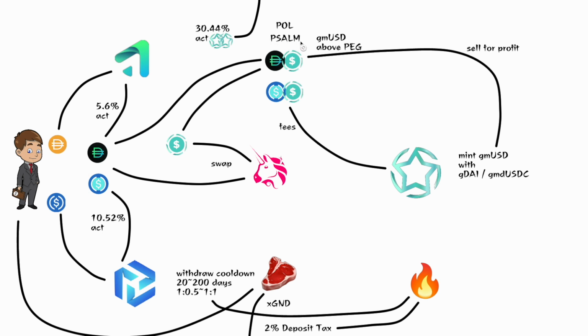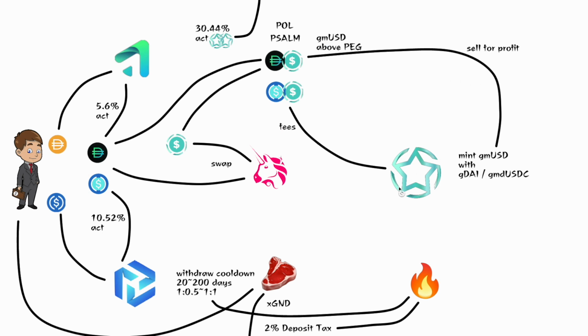Now, they have this thing called the PSALM. I can't quite remember what it is, but something about peg maintenance, okay? So basically what they do is when the GMUSD is above peg, then they will mint GMUSD with some of the GDI or GMUSD that they've gotten from the fees, I suppose, and they will sell those for a profit.